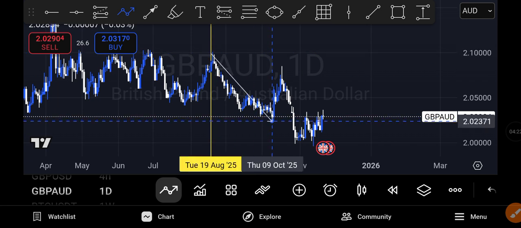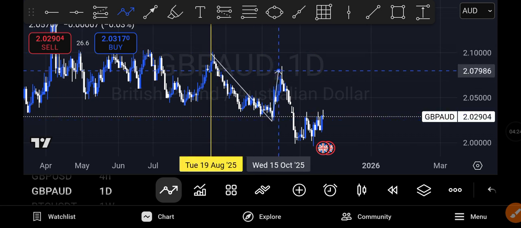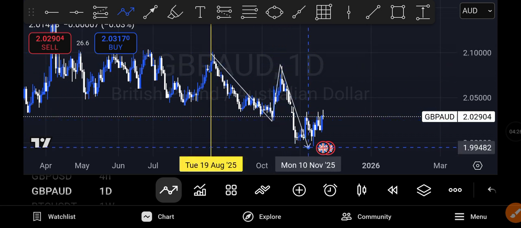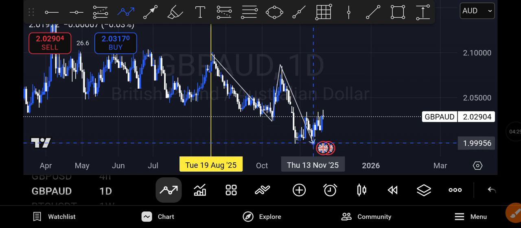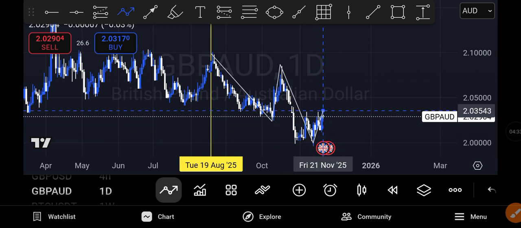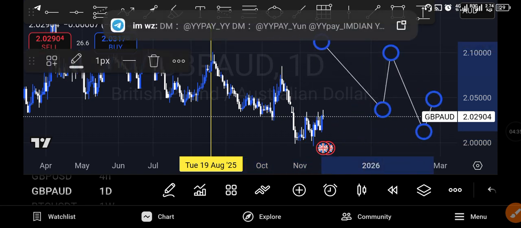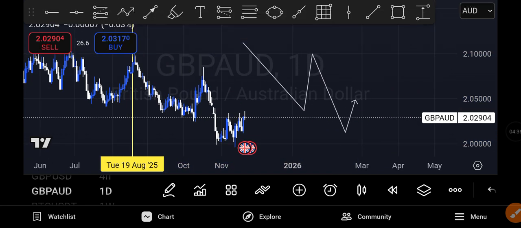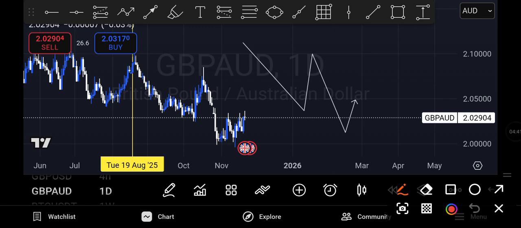See, price came down to this point, went back up, now came back down, and it's currently doing something like this. From your point of view, what do you see? For me, I see that price is creating lower highs and lower lows. So it has created a lower low.